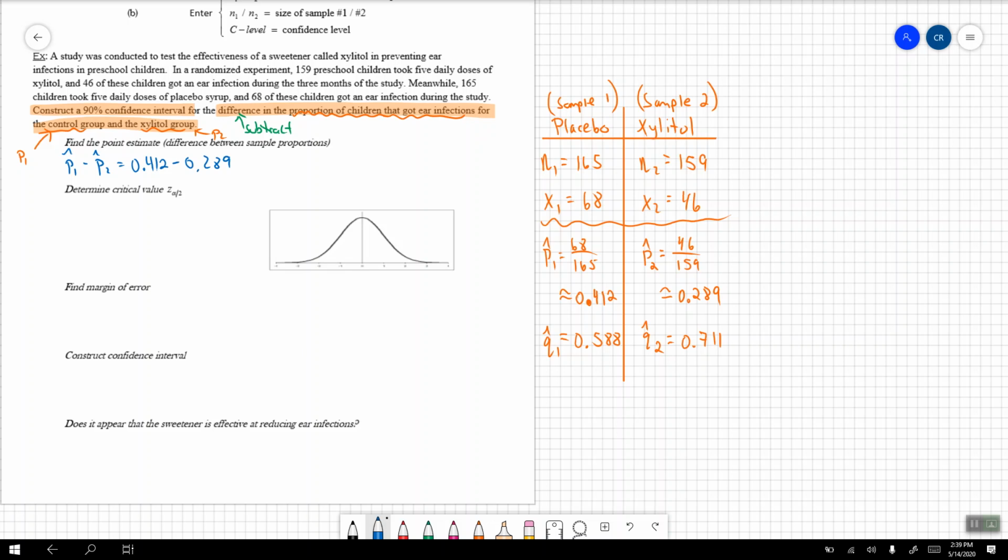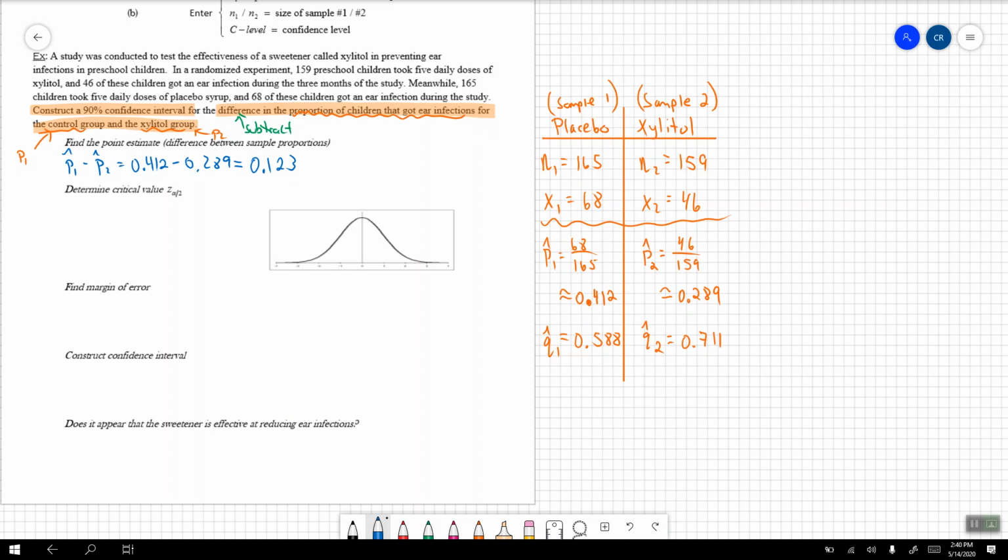I'm just making sure I double check that the values that were given to me are in the correct place. If we input this into our calculator, we should get a really nice value of somewhere along the lines of 0.123. All right, again, not too bad.